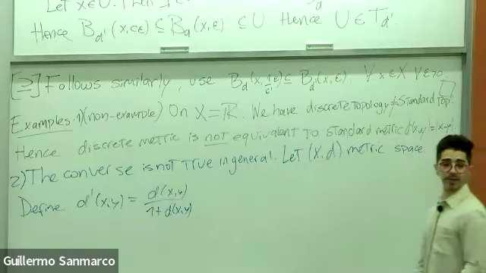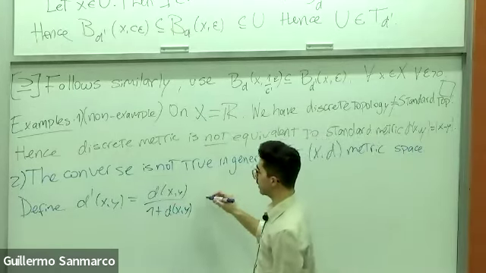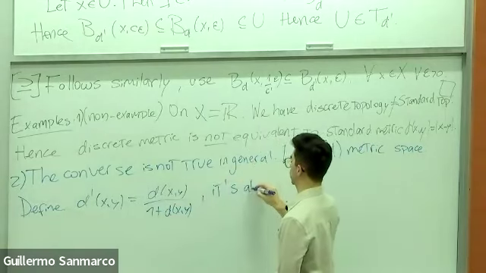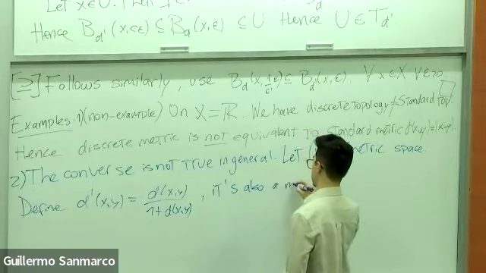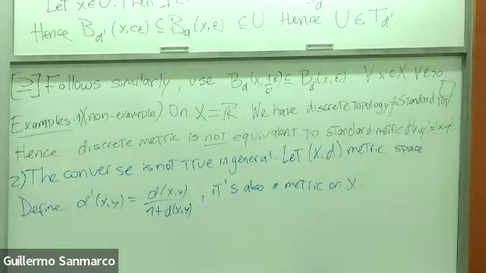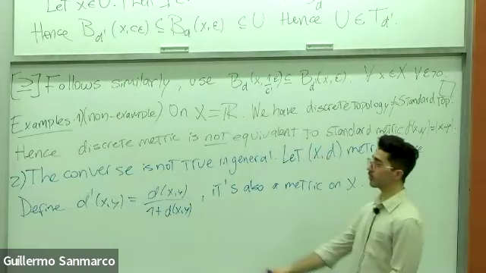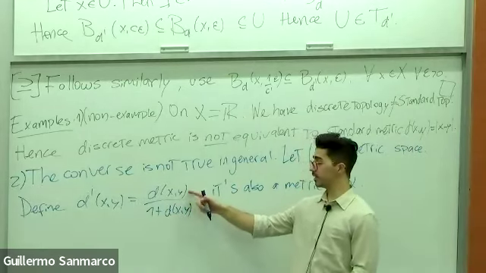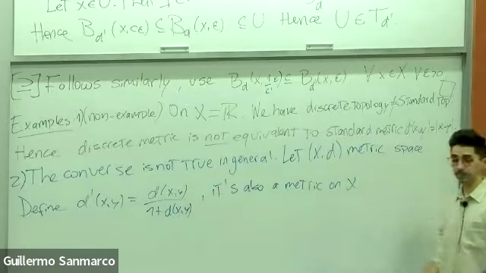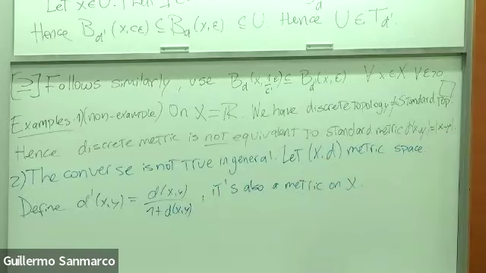Then this can be shown to be a metric. It's not trivial, it's a computation. That's going to be part of homework. So notice, by the way, this is always smaller than or equal to 1, because I'm dividing this thing by this number that's bigger than this guy. It's also a metric. You can prove that.